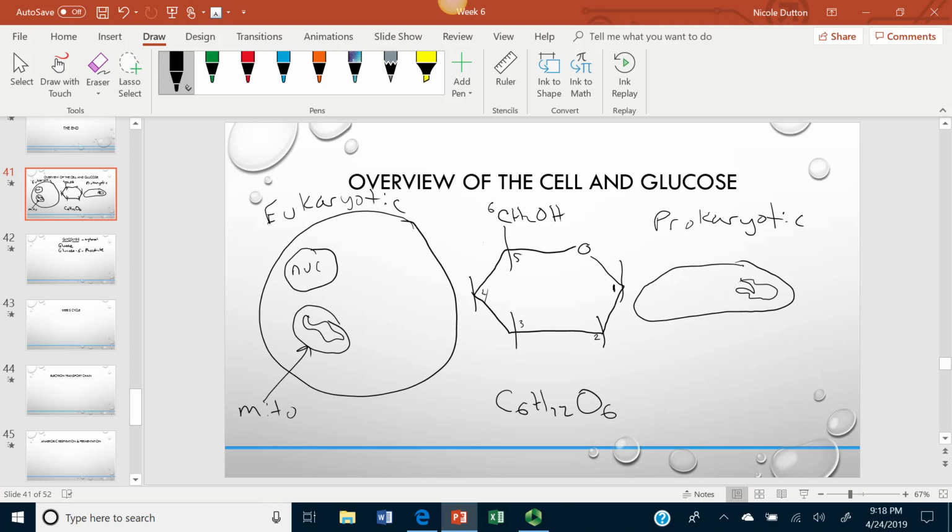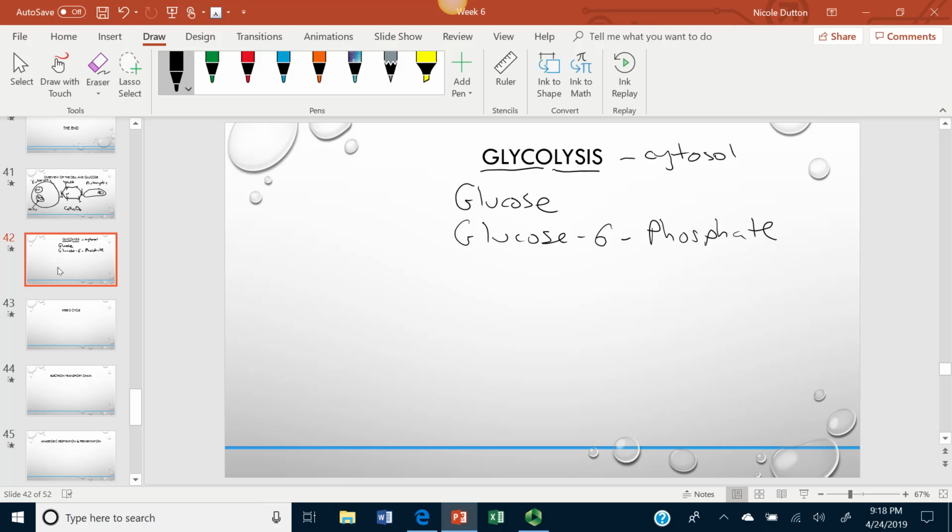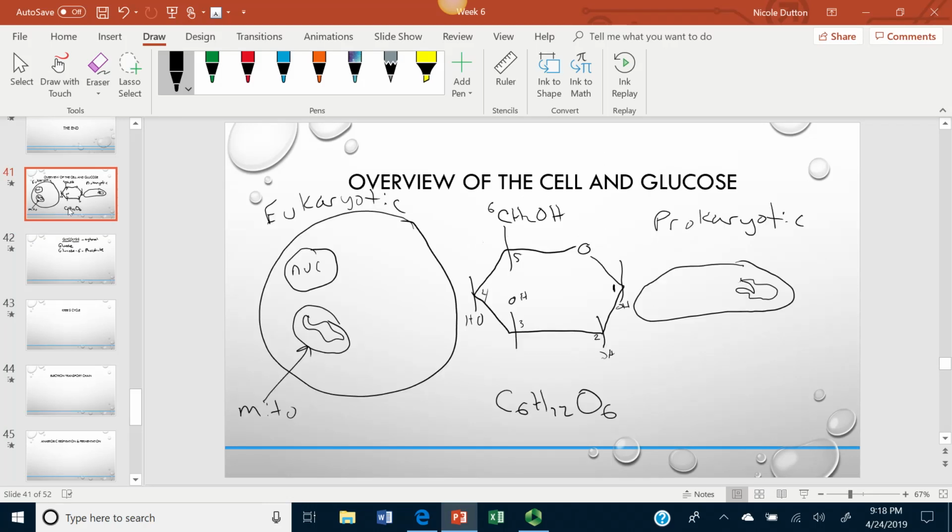Well, we just labeled the 6 carbons, and then the oxygens, there's 1, 2, 3, 4, 5, 6, and then the hydrogens you can fill in from there and count the hydrogens. They're all there.